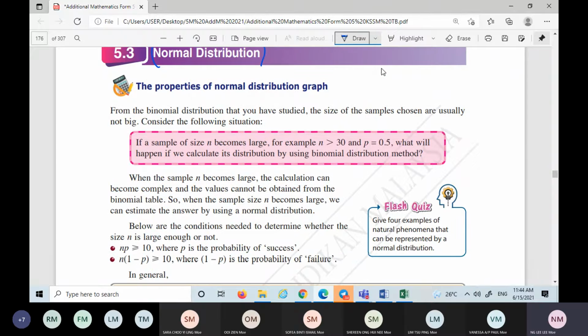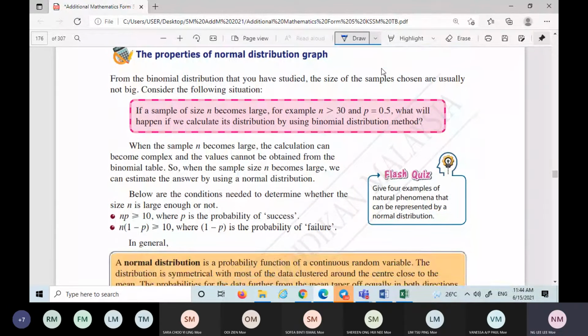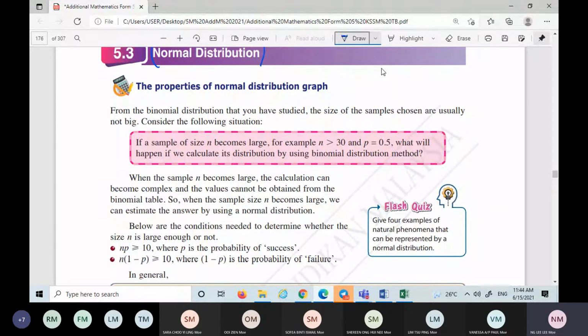So we go through a little bit. We want to see what is the relation between this binomial distribution and the normal distributions. Before that, when you learn random variables, there are two types of random variable. One is a discrete random variable, this one actually means the binomial distributions.